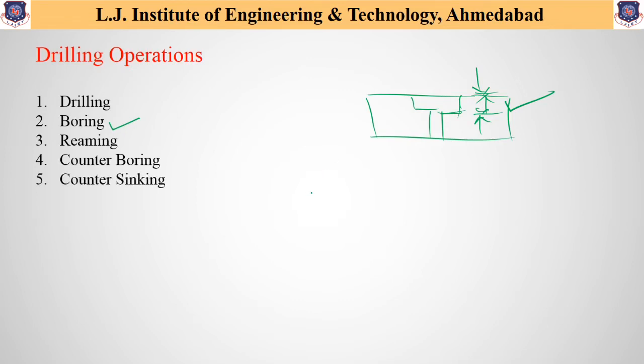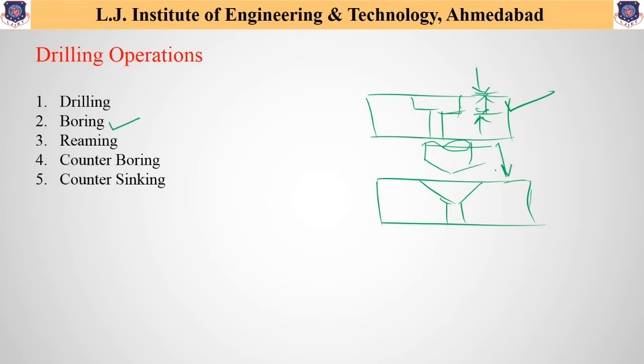Similarly, the next operation is counter sinking. If on any component, after obtaining a hole, one wants to obtain a conical shaped enlarged hole up to a certain depth, then a particular sinking tool is available, which is fitted in the drilling machine, rotated about its axis and fed towards the workpiece.